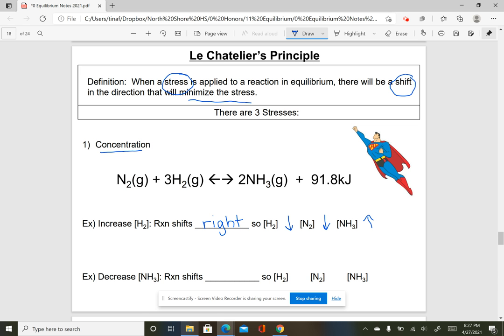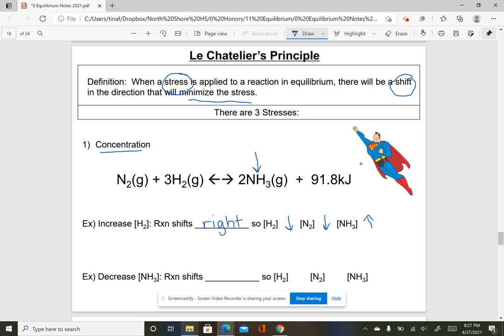Okay, now let's look at my next example, decrease NH3. So now I'm going to take ammonia and I'm going to remove some of it from the container. So if I'm removing ammonia, and that's the stress, what does the reaction want to do to fix or undo that stress? It wants to make ammonia go back up.